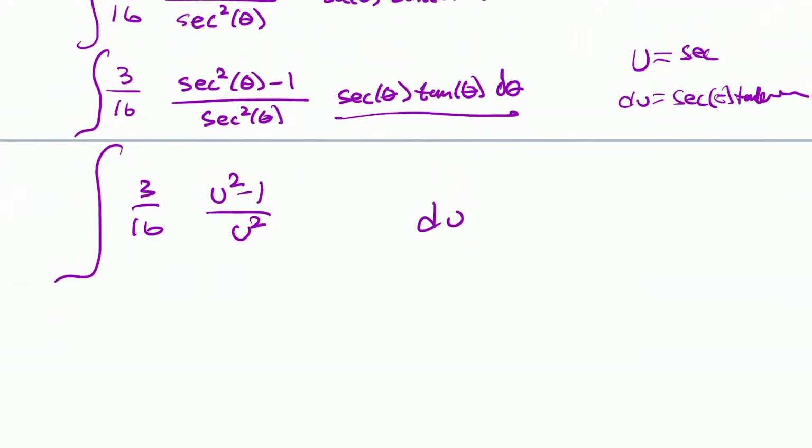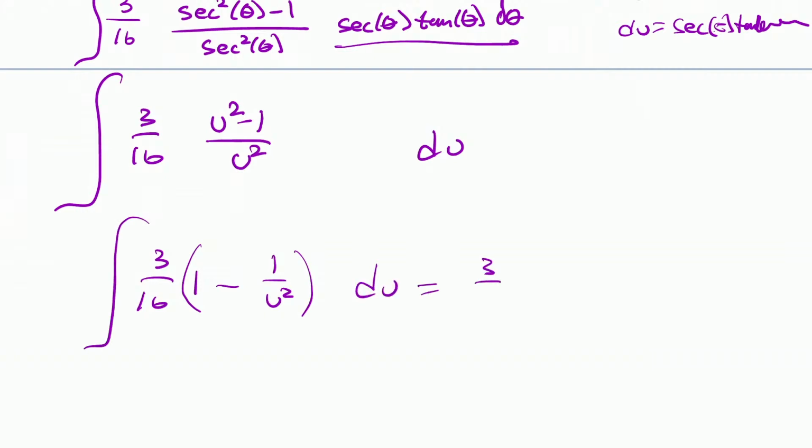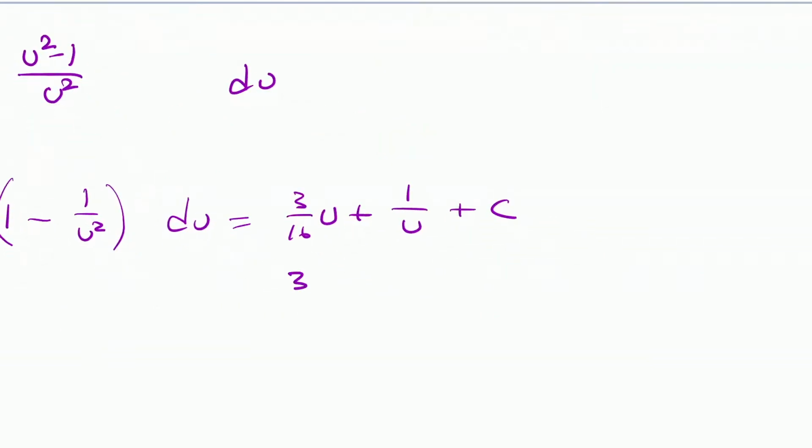I know I'm whipping through this. 1 minus 1 over u squared du. So this becomes 3/16 u minus, no, plus, 1 over u plus c. Ooh, so good. 3/16 secant plus 1 over secant plus c.